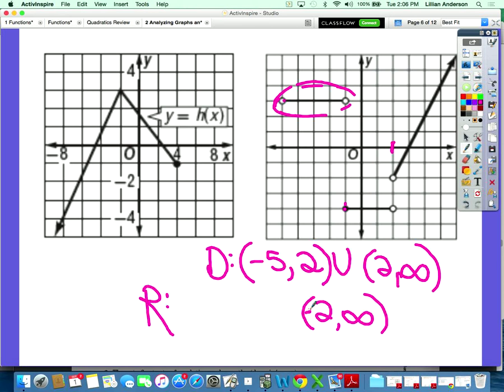You've got this 4. In these cases, -4 is by itself. It's not a range, it is just -4. So when it's just one number as a part of your range, you literally write that one number. And then of course you put the union symbol to connect the other part of the range.